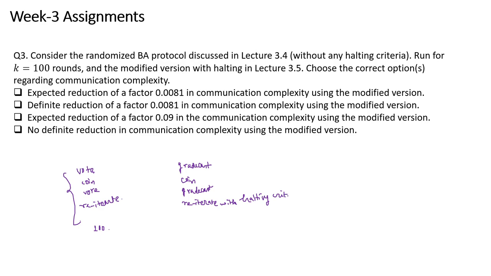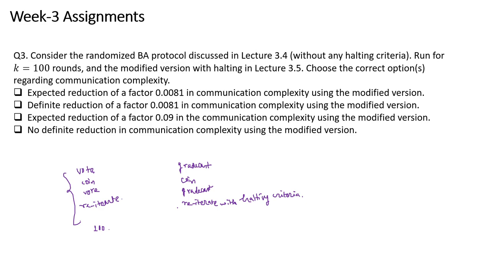The halting criteria was that if some bit B has been received from n minus t parties, then we would output B with confidence 2, grade 2, and the party will exit the protocol.